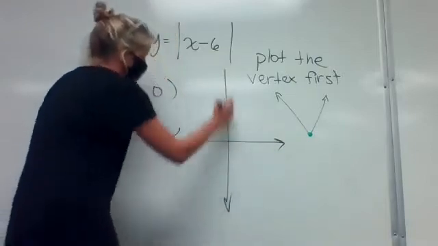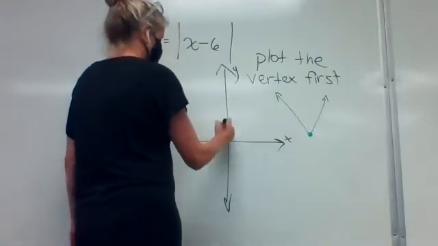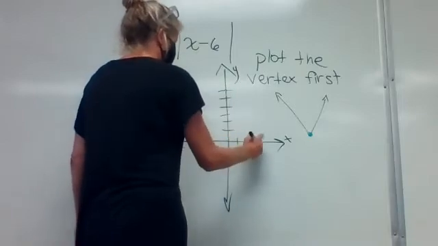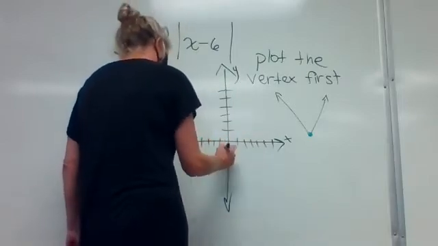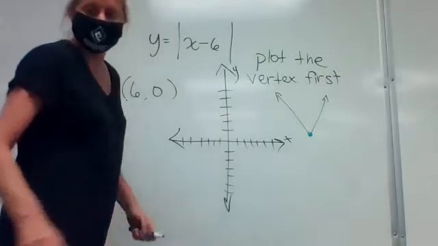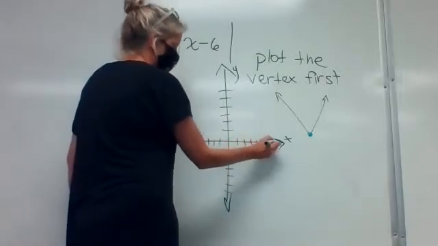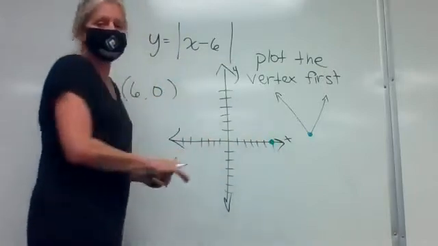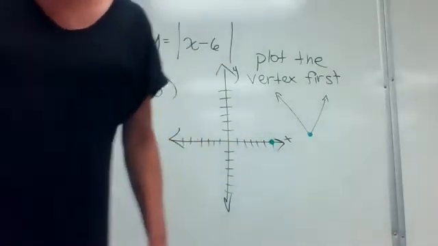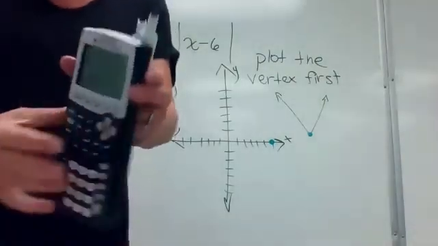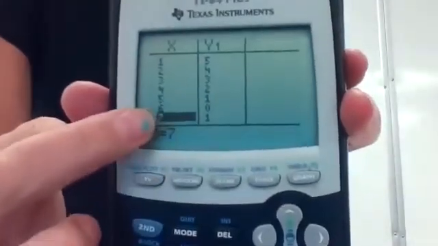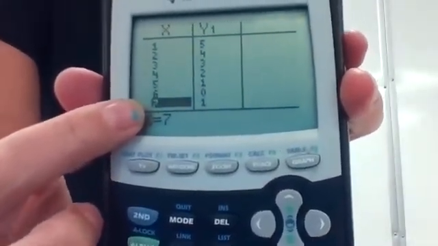Once you plot that vertex over at 6, 0, 1, 2, 3, 4, 5, 6, then your yellow rectangle up top is just going to say plot another point, which means now I can choose any of the other points.